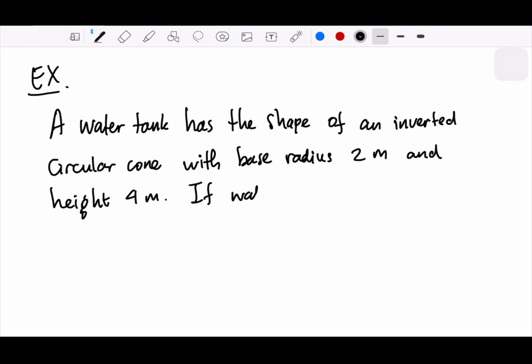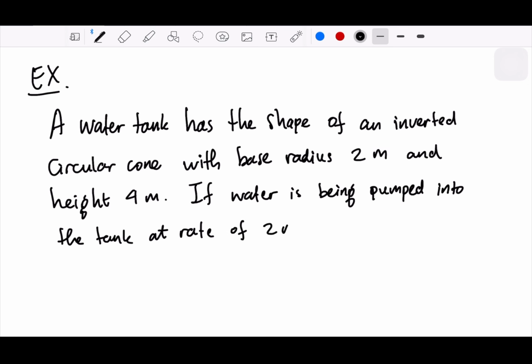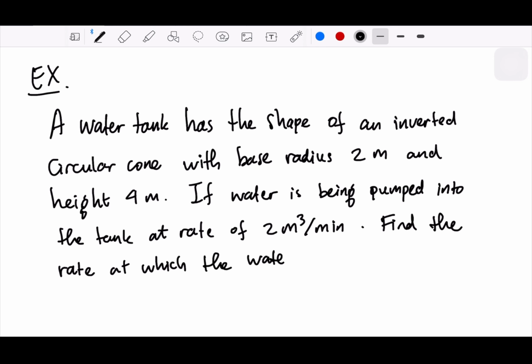If water is being pumped into the tank at a rate of 2 meters cubed per minute, find the rate at which the water level is rising when the water is 3 meters deep.